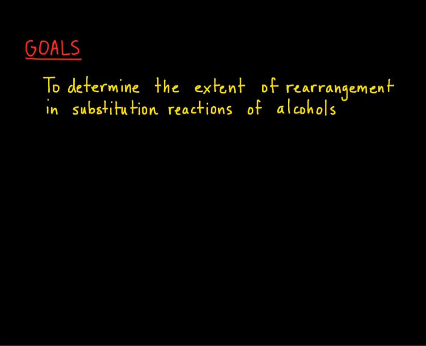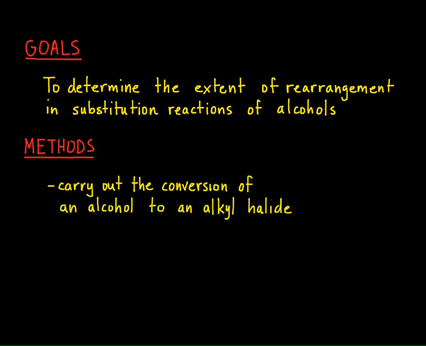The main goal of this experiment is to determine the extent of rearrangement in 3 substitution reactions, one of 1-propanol, one of 2-pentanol, and one of 2,4-dimethyl-3-pentanol. To do this, you will each carry out the conversion of one of the alcohols to an alkyl halide.